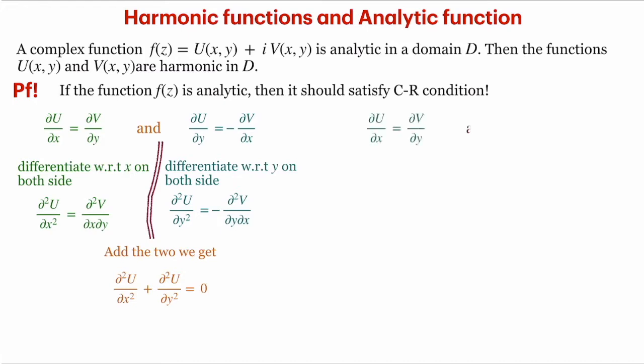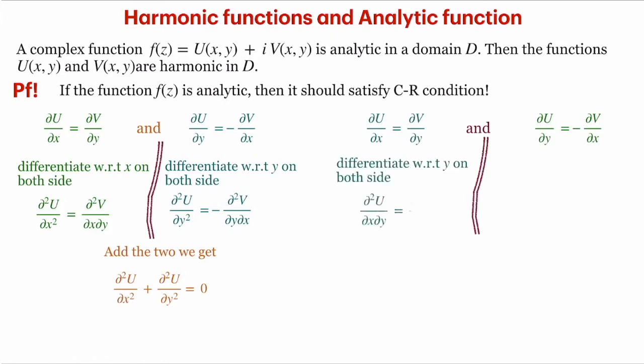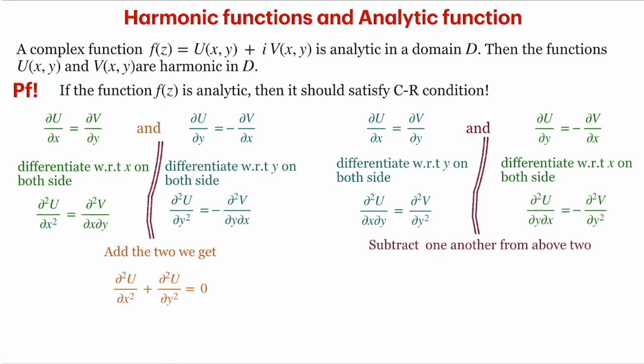Let's also show that v is harmonic. It proceeds in the same fashion. You take the Cauchy-Riemann condition, differentiate the first equation with respect to y on both sides and the second with respect to x on both sides, then you subtract one from the other, and you get del square v by del x square plus del square v by del y square equal to 0.